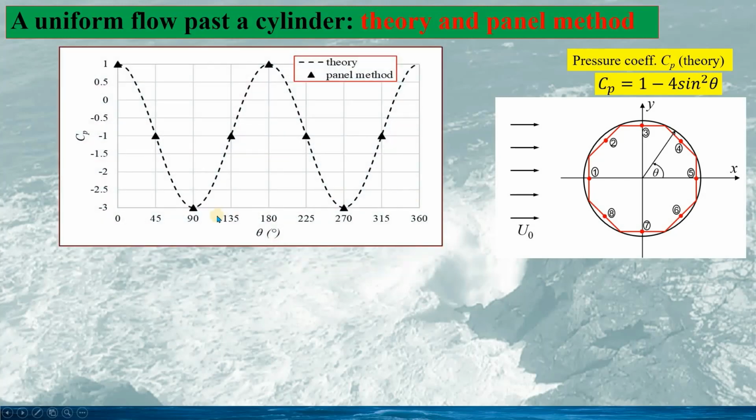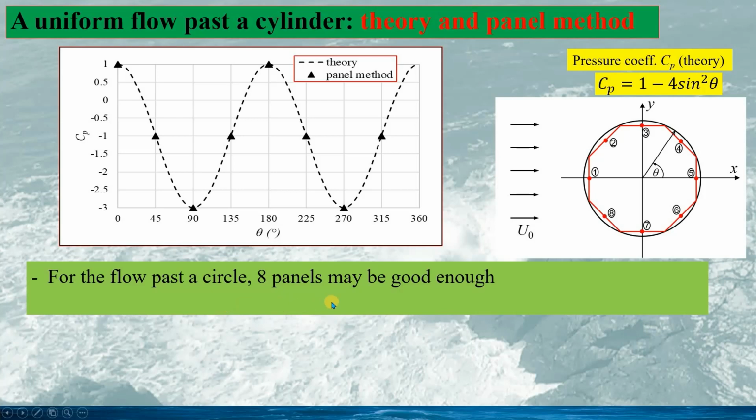And if we compare the pressure coefficient for the theoretical result, the dashed line, and the result from the panel method, we can see even though we use only 8 panels, the result for the pressure coefficient is very close to the theoretical result.